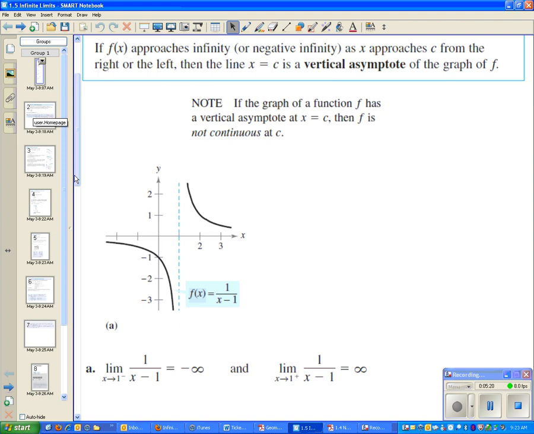Now, if you can tell that you're going to have a vertical, well, how do you tell that you're going to have a vertical asymptote? It says if f of x approaches infinity or negative infinity as x approaches c. So we would need to find the limit of f of x as x approaches, in this case, 1 from the left, and then the limit as x approaches 1 from the right. Now, why are we doing it from each side individually?